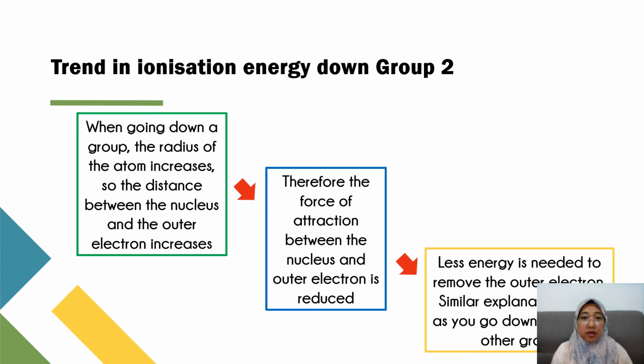When going down the group, the atomic size is increased, therefore the attraction between nucleus and electron valence decrease. Okay, less energy needed to remove. Okay, the valence electron become easier to remove.